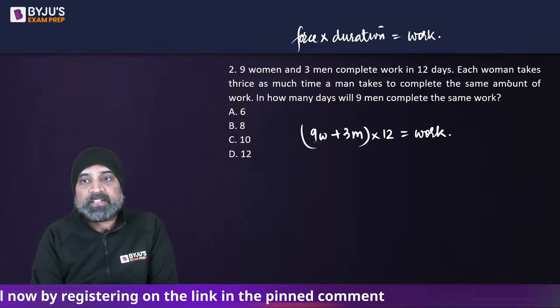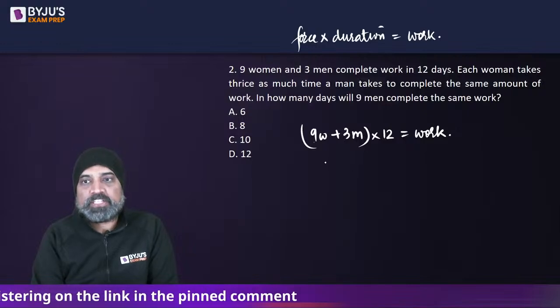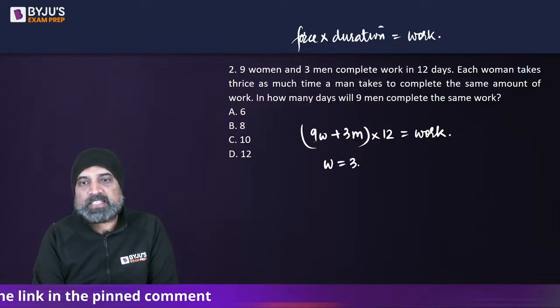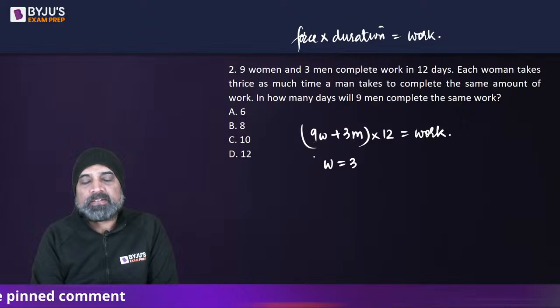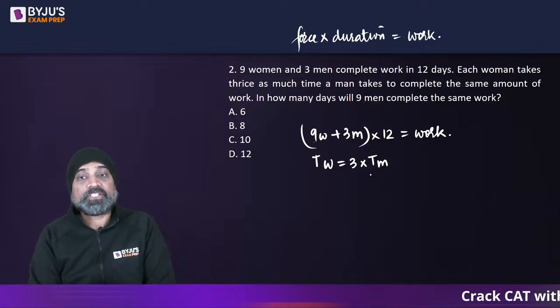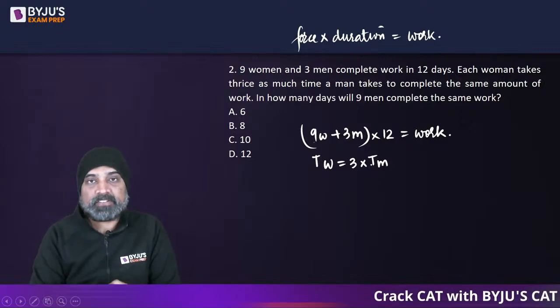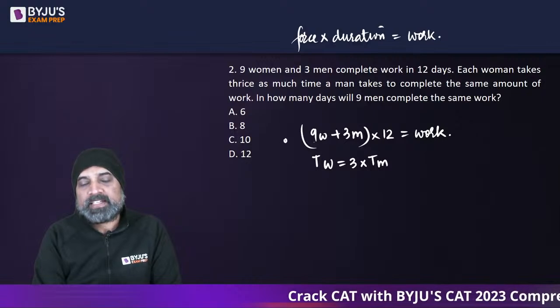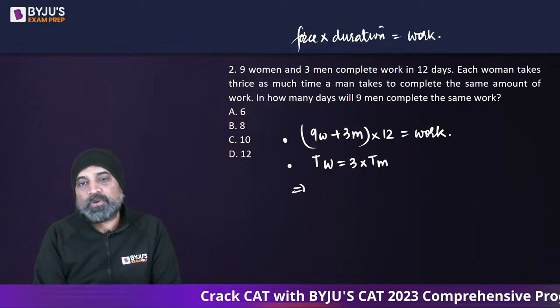Then it is also given that each woman takes thrice as much time. Time taken by a woman is 3 times the time taken by a man. Right? So TW and TM here stand for time taken. If we know the time taken, we can calculate the efficiency.